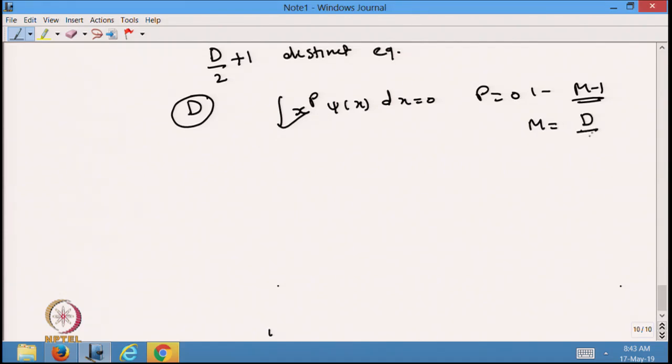M is d by 2, or basically d is 2m. D is called the order of the wavelet in case of a Daubechies wavelet, and m is the vanishing moment of the wavelet. So, for a Haar wavelet, d is 2, m is 1. So, vanishing moment is 1, order is 2.